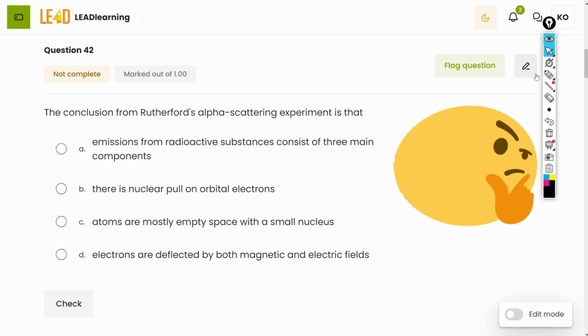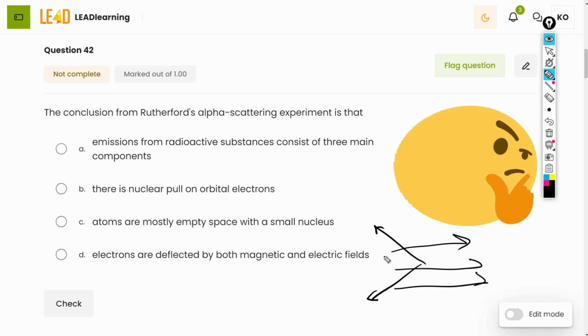Question 42. The conclusion from Rutherford's alpha scattering experiment is that... Now in this very interesting experiment, Rutherford used the gold foil. He bombarded the gold foil with positively charged alpha particles, and he observed that a huge number of them passed through the gold foil, however a small fraction was repelled.